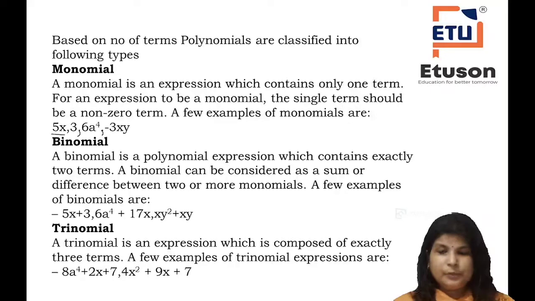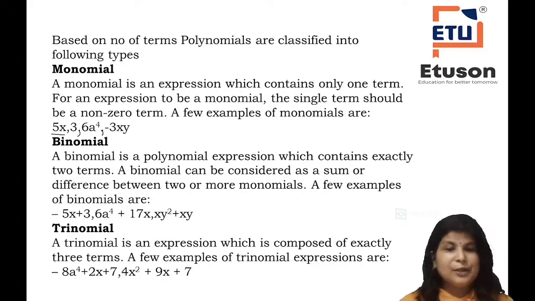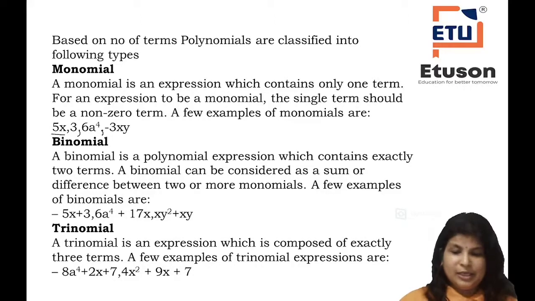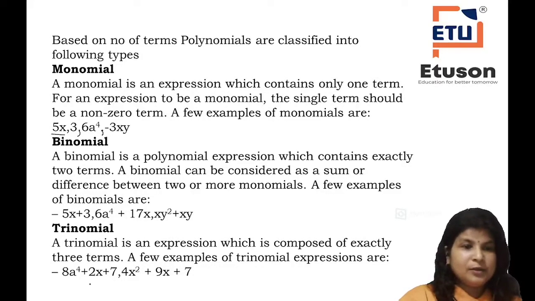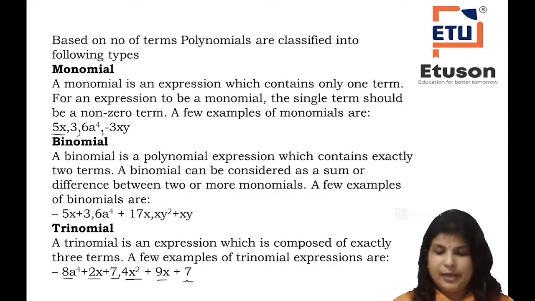Similarly, trinomial. A trinomial is an expression which is composed of exactly three terms. As you can see, in these examples you have three terms: 1, 2 and 3. Here also 1, 2 and 3. So that is called your trinomial.